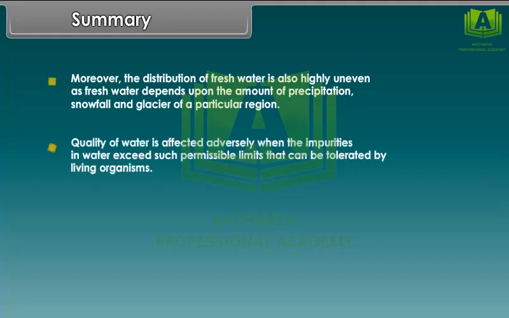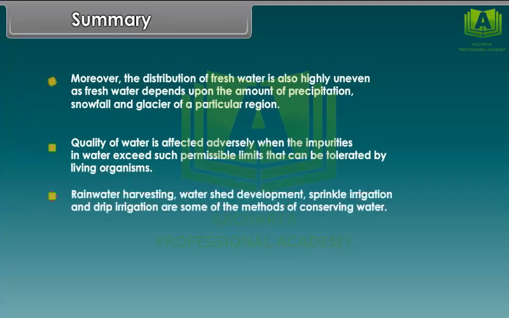Quality of water is affected adversely when the impurities in water exceed such permissible limits that can be tolerated by living organisms. Rainwater harvesting, watershed development, sprinkle irrigation, drip irrigation are some of the methods of conserving water.